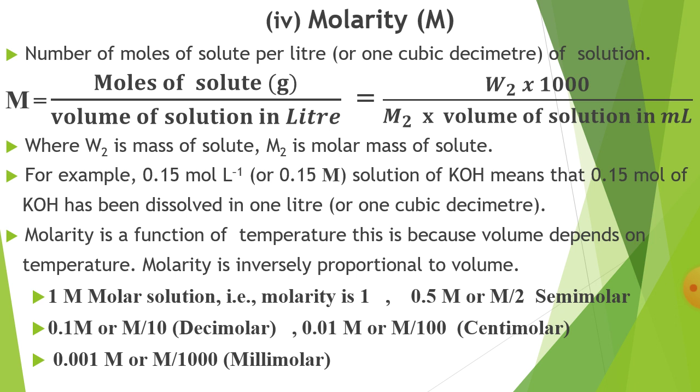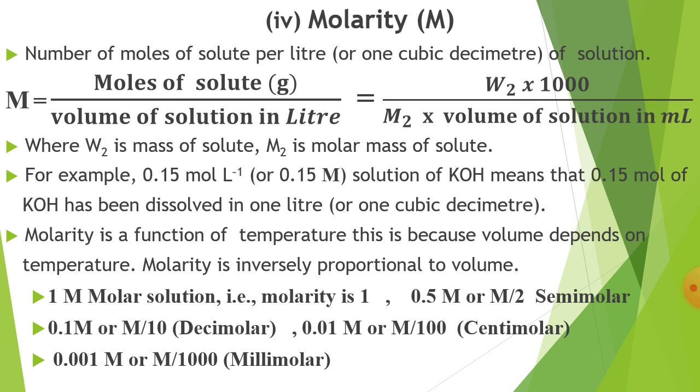Some general points you have to know. If 1 M is written, that means molar solution, or you can say molarity is 1. If 0.5 capital M or M by 2 is written, that means semi-molar solution. If 0.1 M or M by 10 is written, it is decimolar solution. So decimolar means M by 10.